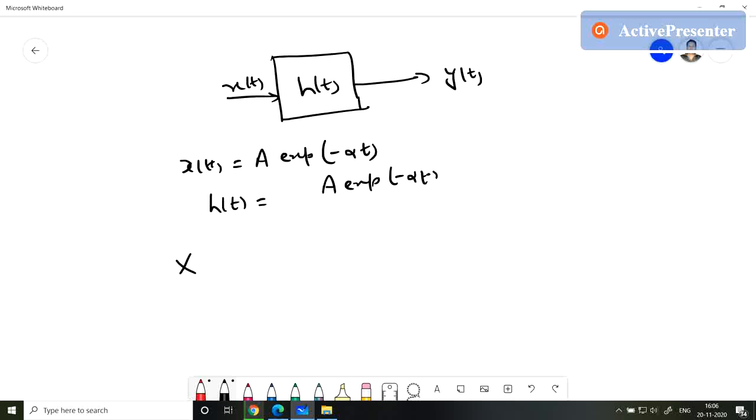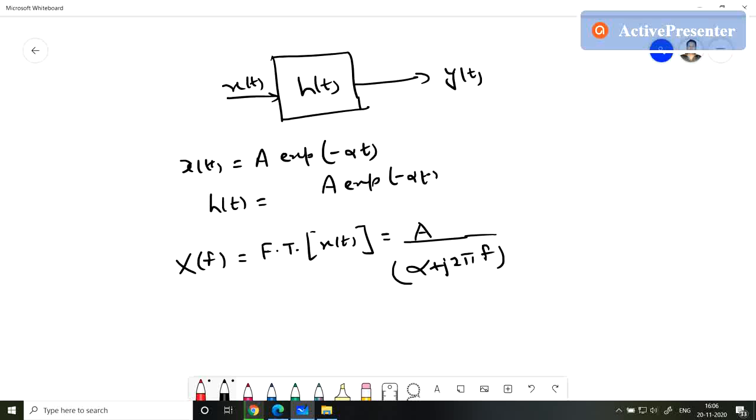Now what is X(f)? That is the Fourier transform of x(t), and it is equal to a divided by alpha plus j 2 pi f. Please check this. We have already solved this type of problem. And H(f) is the Fourier transform of h(t), and it is equal to a divided by alpha plus j 2 pi f.